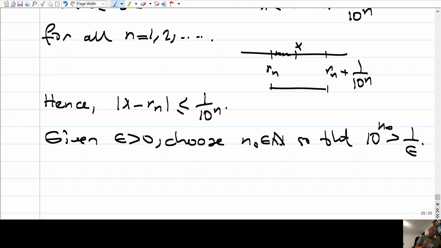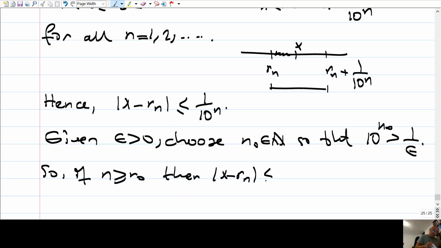So we have this. Okay, so if n greater than n0, then x minus Rn, which is less than or equal to this, but n greater than n0 implies this is less than 1 over 10 to the power n0, yes, because 10 to the power n is larger than this, therefore this is smaller, but this is already less than epsilon.